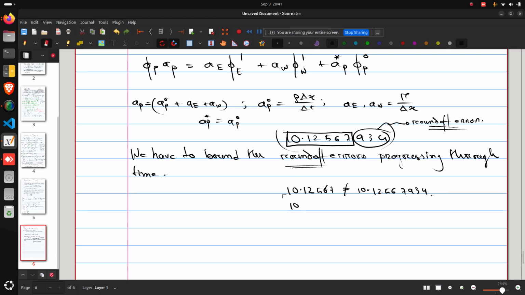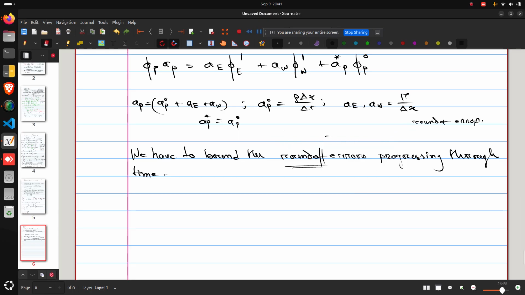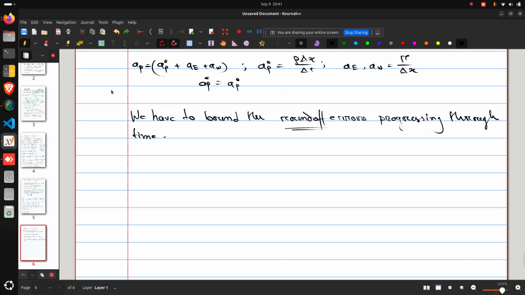So this inability of a computing system to store our required numbers to infinite precision generally incurs round off errors, and we have to bound these round off errors by constructing some improved schemes or some best practices, so that these errors do not grow as we go ahead in time, right?